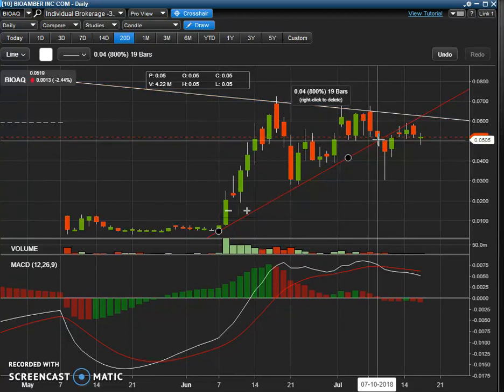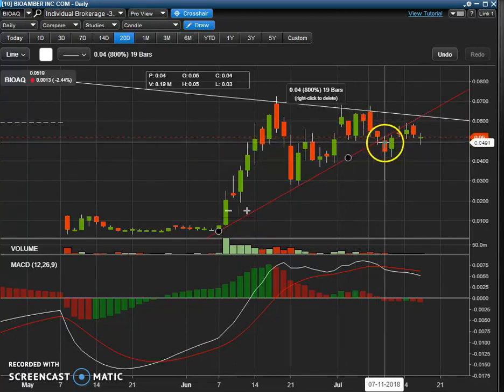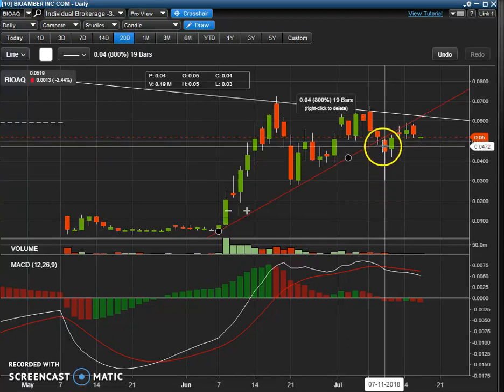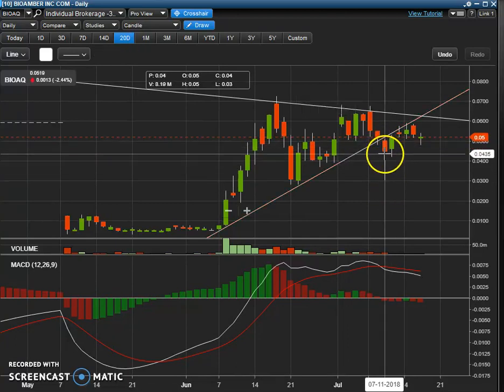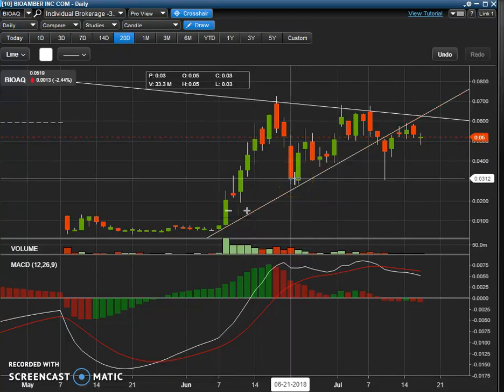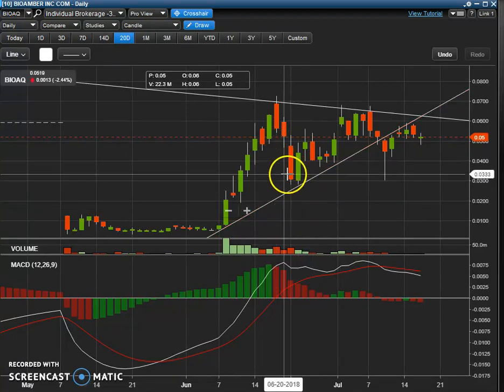And then what happens from July 10th into July 11th? On July 11th, it somewhat gaps down a little bit below the uptrend, and it just cracks from a nickel to 3 cents. And the same day it tries to trail back up, forms a hammer, which somewhat confirms support at 3 cents once again, as you had support here.